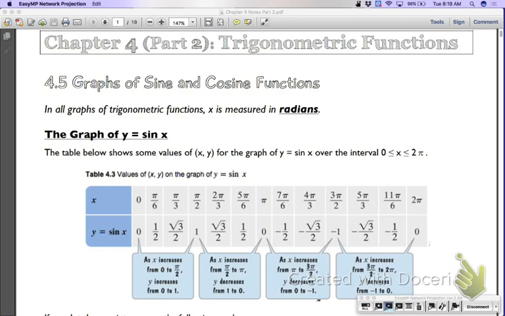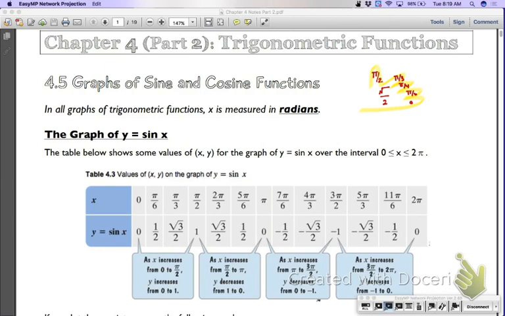Remember, with the hand trick, we have the square root of whatever over 2. We have 0, we have 30, or let's actually put it in radians: pi over 6, pi over 4, pi over 3, and pi over 2.